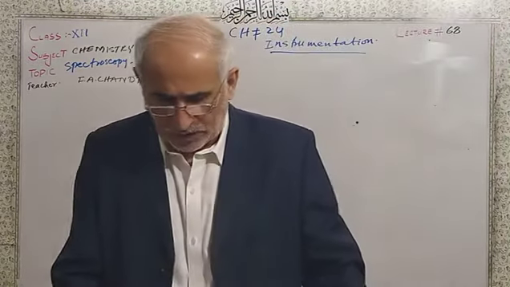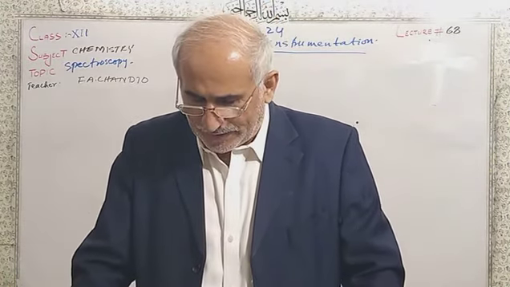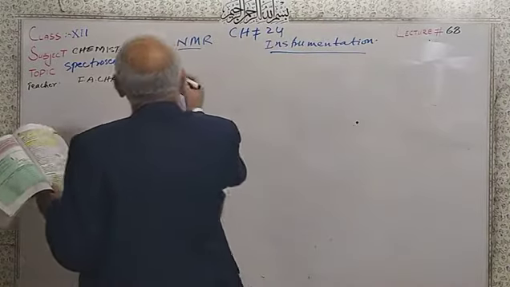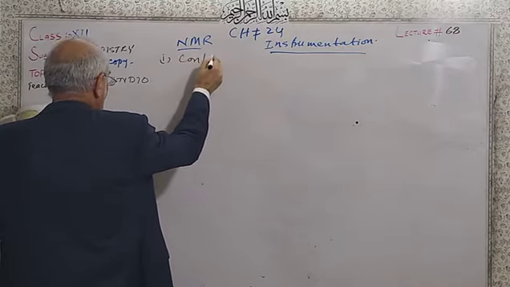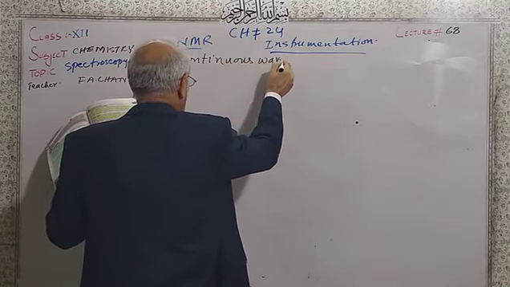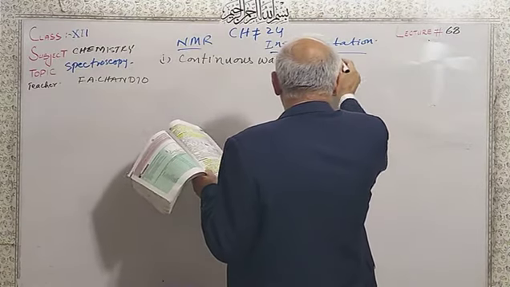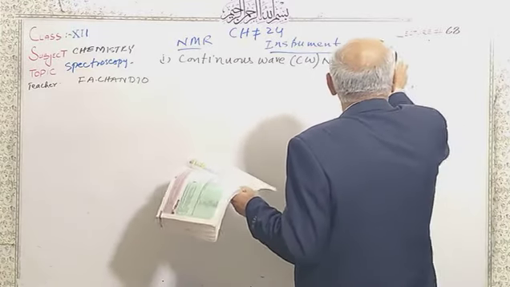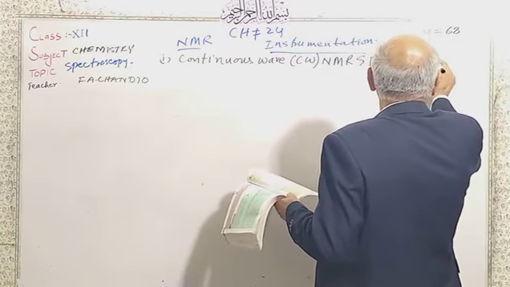Students, there are two types of spectrophotometers which are commonly used for nuclear magnetic resonance study. Number one is the continuous wave NMR spectrophotometer.